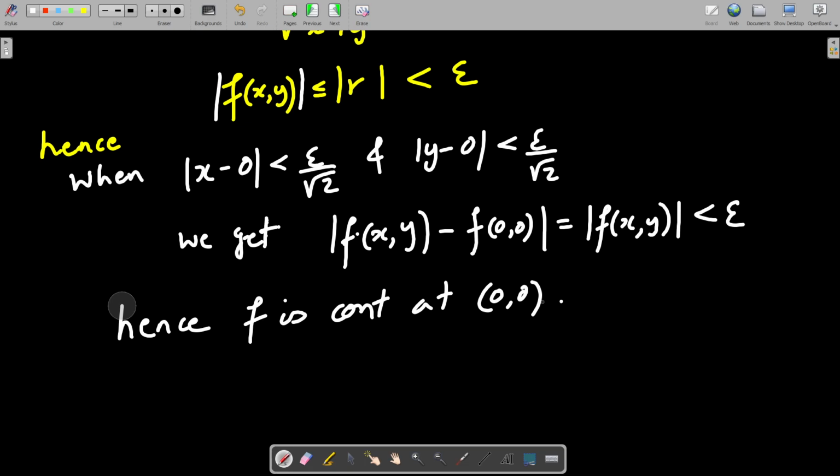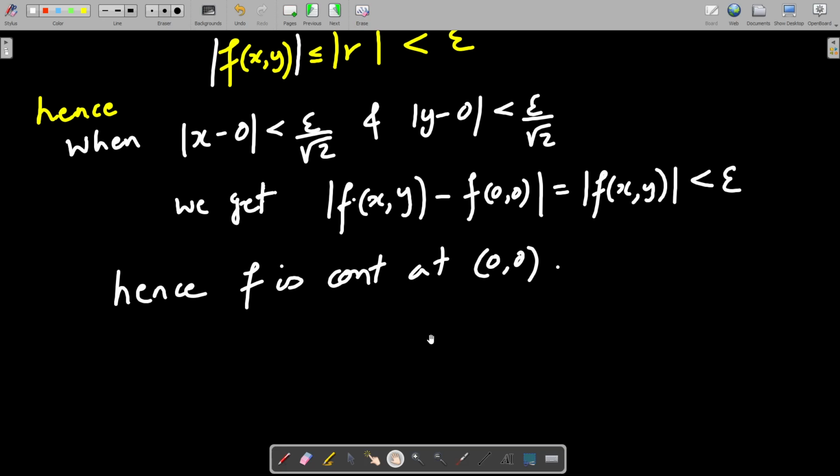So the continuity condition I have satisfied. Why am I showing continuity, by the way? There is one theorem which I'm proving next. I should have done this theorem prior to this video.